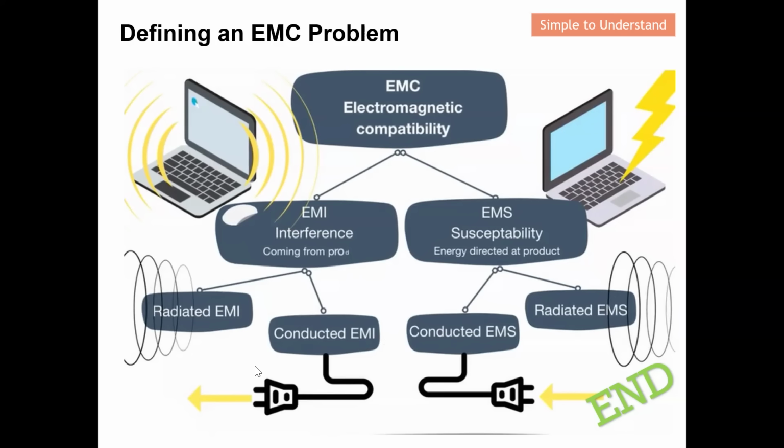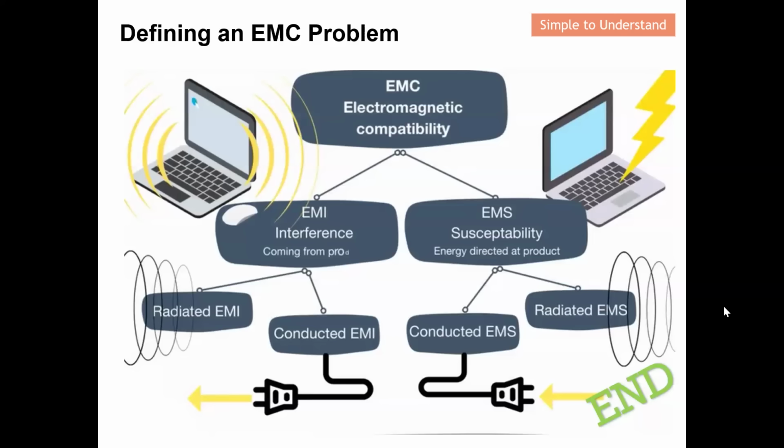For example, this is your DUT, and this is the power socket. You can see that the DUT can also release electromagnetic waves through the power cable. Therefore, in this case, we call this conductor EMI. Under the immunity, there are two forms here.